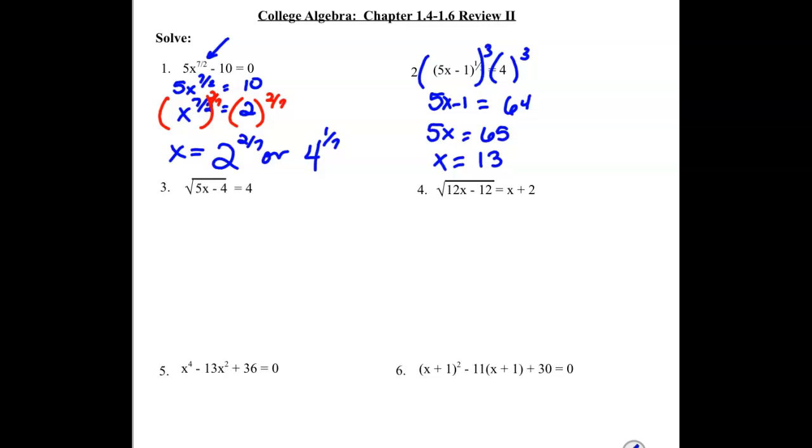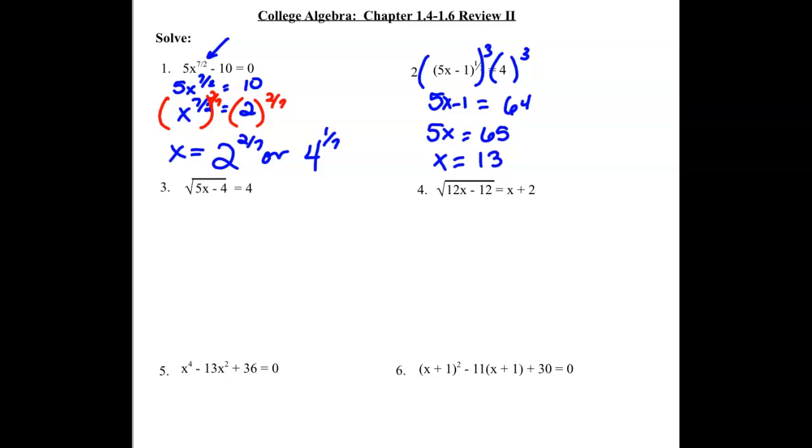For example, if I had something to say a 2/3 power, equaling a number, to undo a 2/3 power, I would need to raise it to a 3/2 root. Sorry, to a 3/2 power, which means we are square rooting, right? The 2 in the bottom is the root. And so in that case, I would have to put the plus minus in front of that.